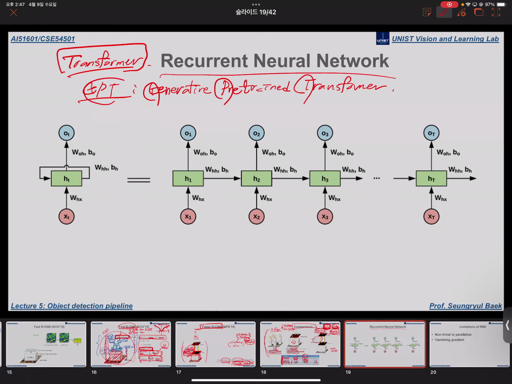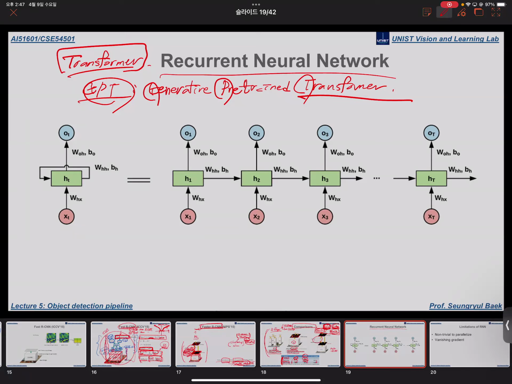Okay. So GPT is using the transformer, and this transformer actually comes from the natural language processing domain, but nowadays it is proven effective for the computer vision domain as well. And it is actually replacing the CNN algorithms.